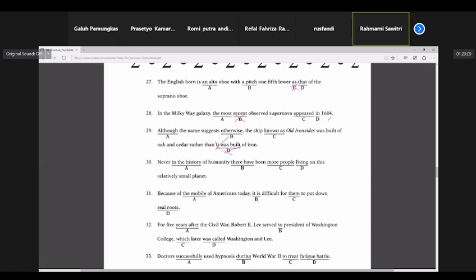Never in the history of humanity there have been more people living on this relatively small planet.